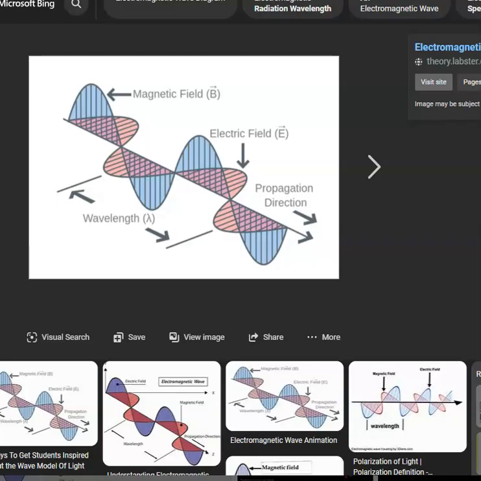Okay, so we know that electromagnetic waves propagate in one direction, and the oscillation of the magnetic field relative to the electric field is at a 90-degree angle.